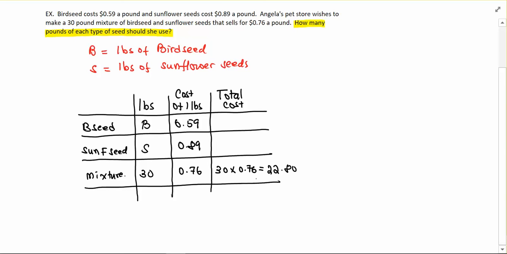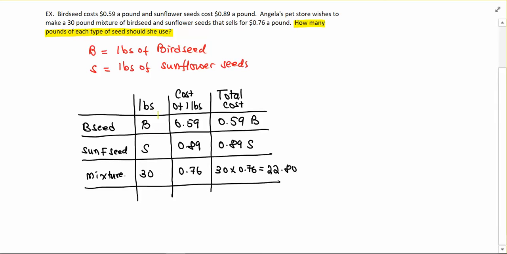Now, if that's what you did on the last row, be completely consistent on the other ones. So the cost of the sunflower seeds would be 0.89 times S, and this one would be 0.59 times B. You can sort of see how your equations are going to come out.